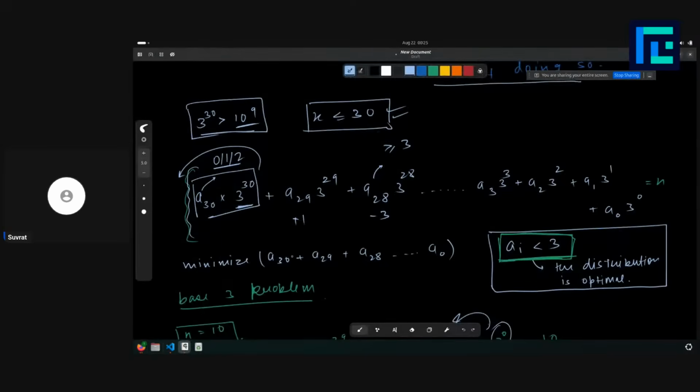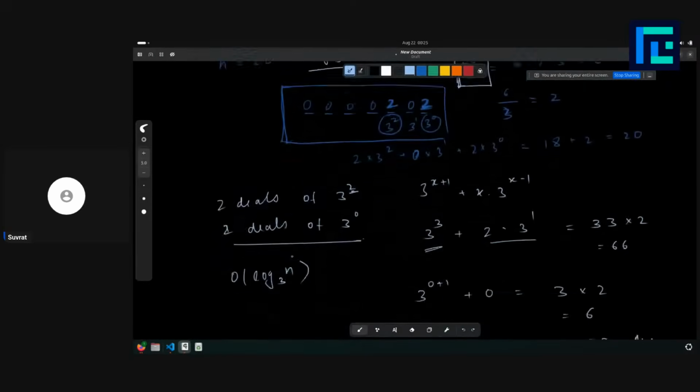So basically problem C2. Again, the definition of deal remains the same.